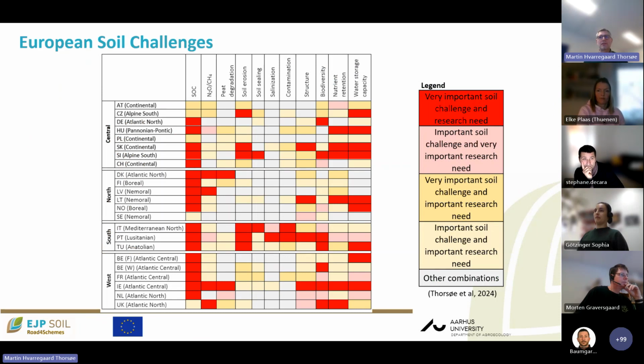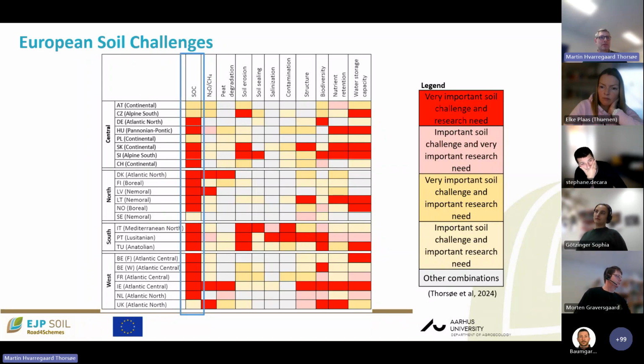First of all, just a look at some of the challenges that we have identified in the EJP Soil, and it's also relevant in how we have designed our work in this project. As you can see, when it comes to soil, soil organic carbon and the loss of soil organic carbon is identified as a main soil challenge across nearly all European countries, and also as a challenge where there's a lot of research gaps.